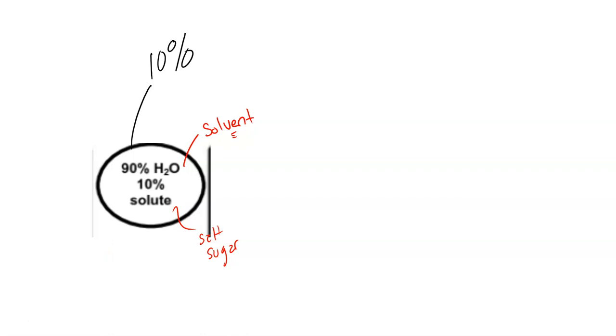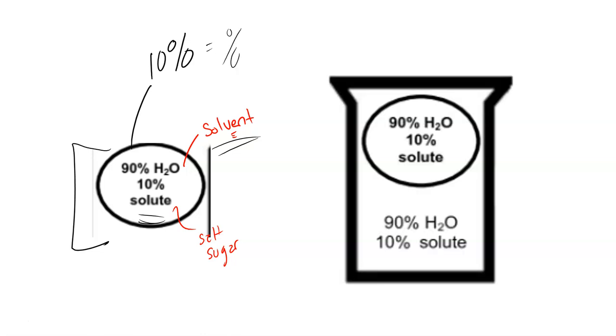On your exam and in the textbook, you will see items written this way, and I want you to make sure you can identify the solvent, the solute, and also the general percent concentration. You may also see a circle, which would represent the cell, and the fluid outside will have some value letting you know the concentration of the external fluid.